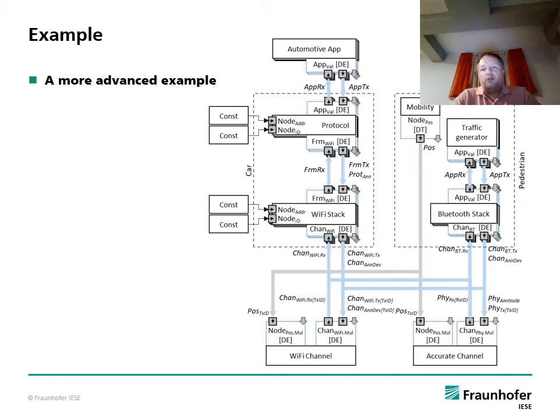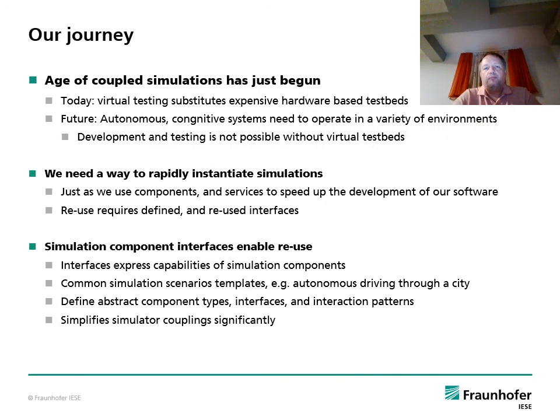But on the other hand, we also have the pedestrians with a traffic generator that resembles the smartphone applications, with a simulated Bluetooth stack, and with the simulation of a baseband that evaluates the interferences between both stacks.